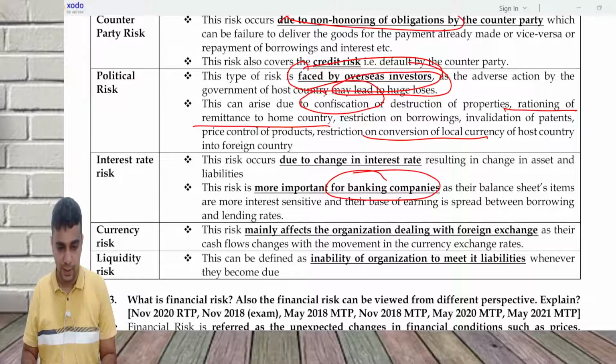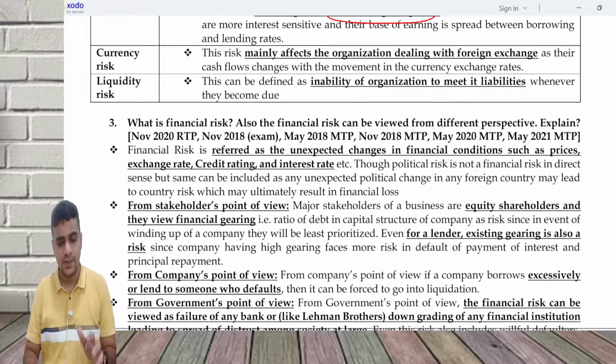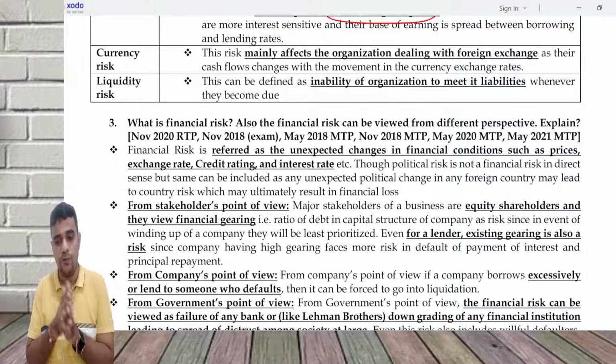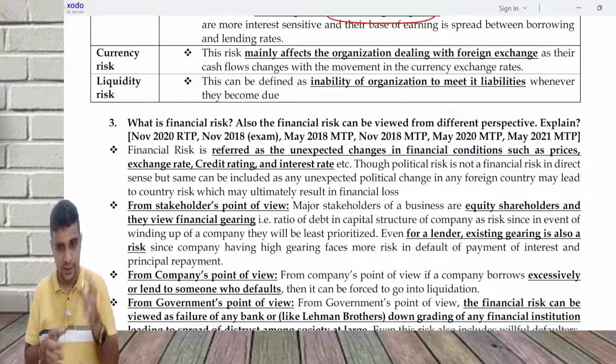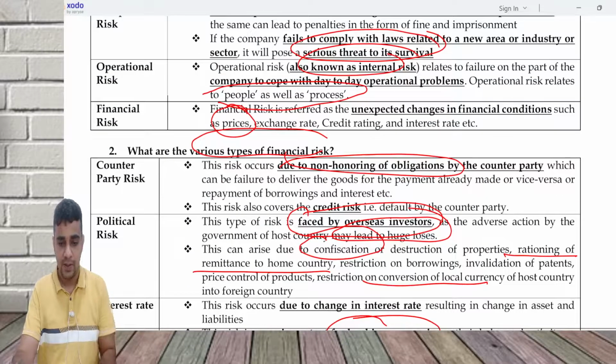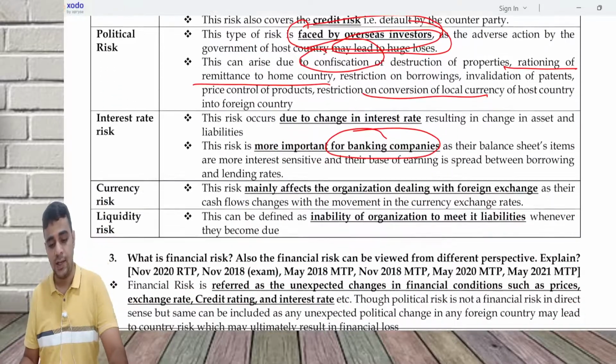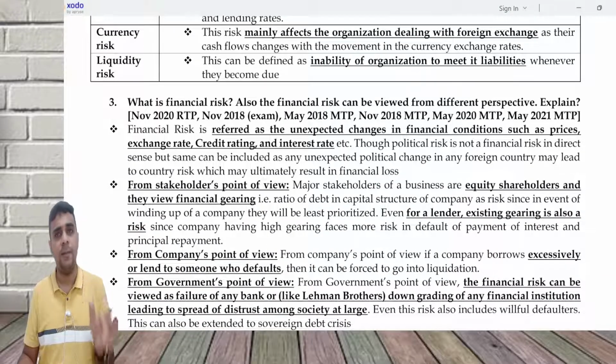Okay, let's move to the next question, which is a frequently tested exam question. What is financial risk, or how is financial risk viewed from different perspectives? Financial risk is basically the unexpected changes in financial conditions such as prices, exchange rate, credit rating, interest rate. How is it viewed differently by different people?